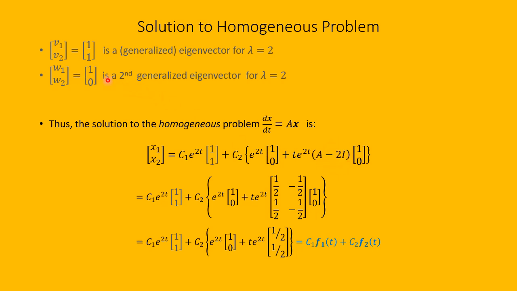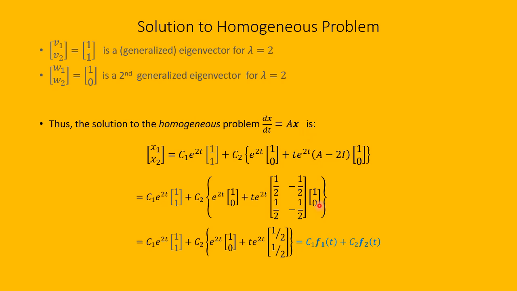So due to the fact that this was a generalized eigenvector where the exponent m, let's say, was 2, that gives us 2 terms here. Now, it's easy to calculate A minus 2I. It's this thing here. And so we get this solution to our homogeneous problem.